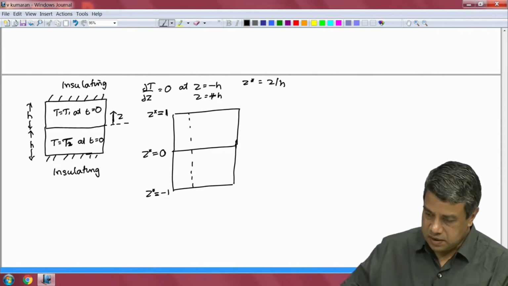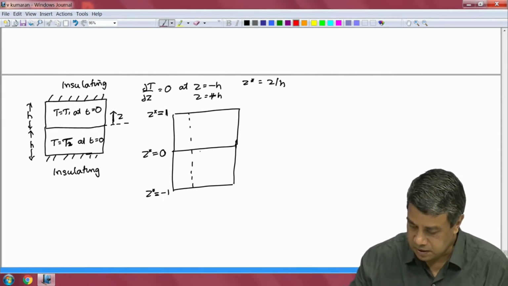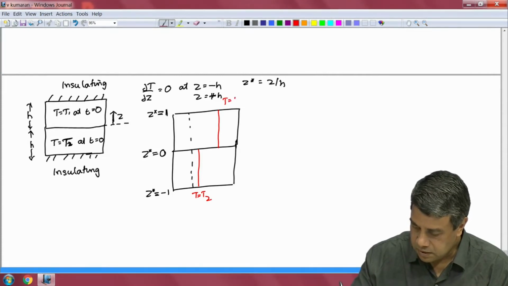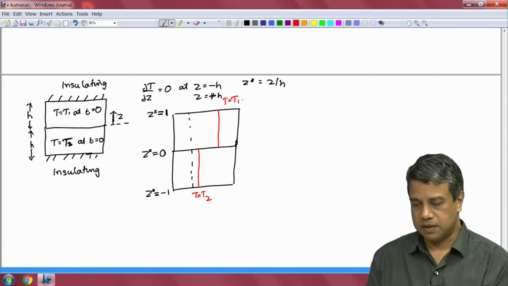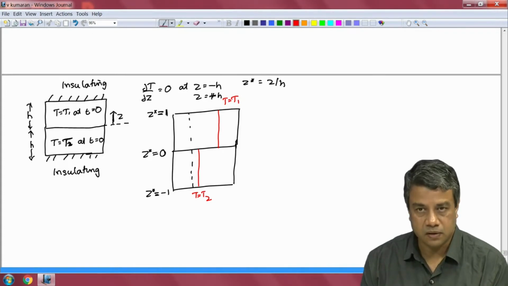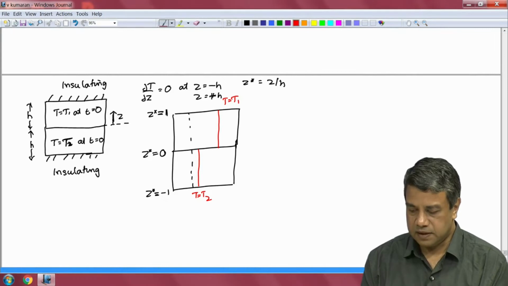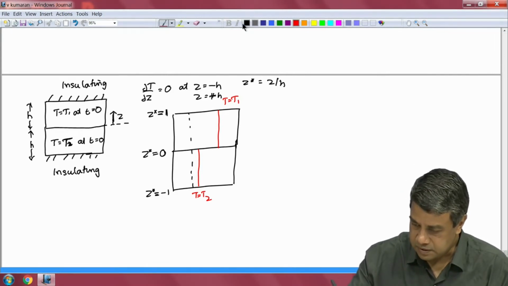Okay. So, initially the temperature is going to be T is equal to T2 here, and T is equal to T1 on top. Okay. So, the temperature is going to be T1 on top, T2 below. Okay. In the final configuration, so let me just separate this.